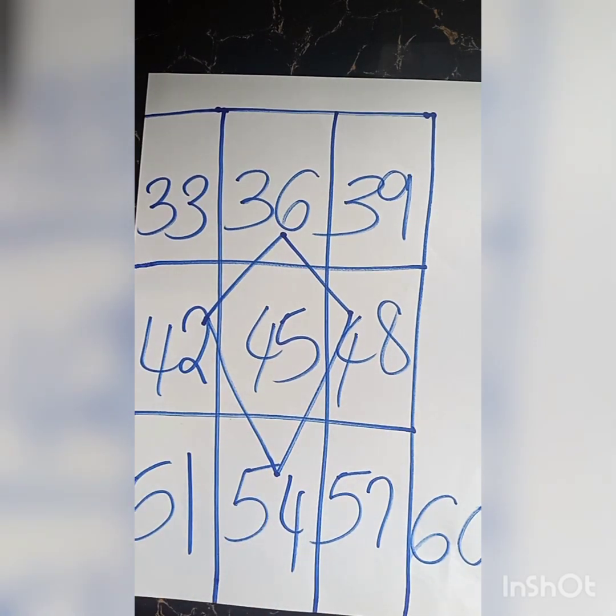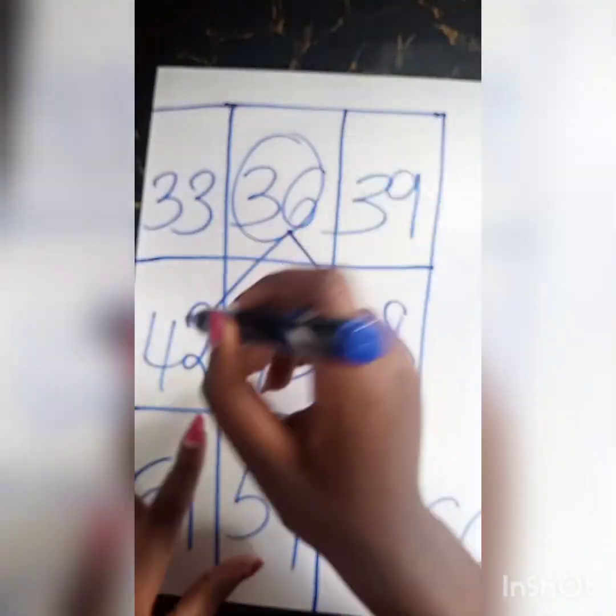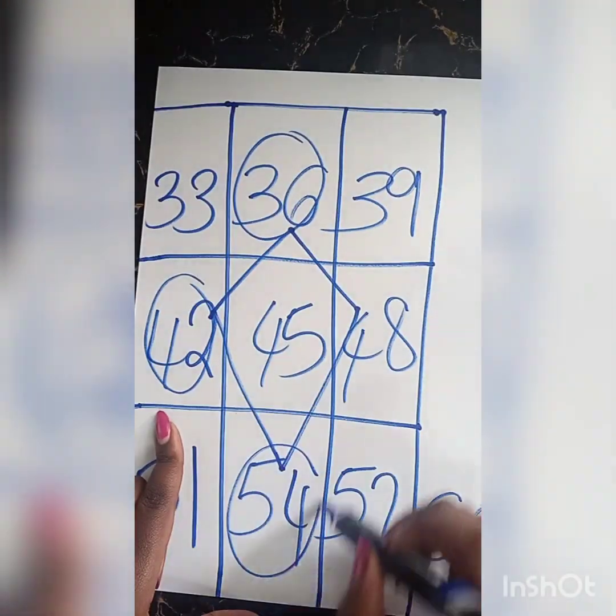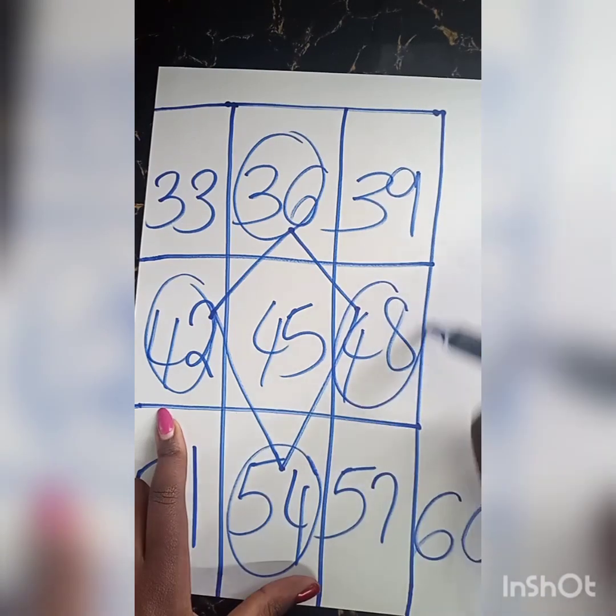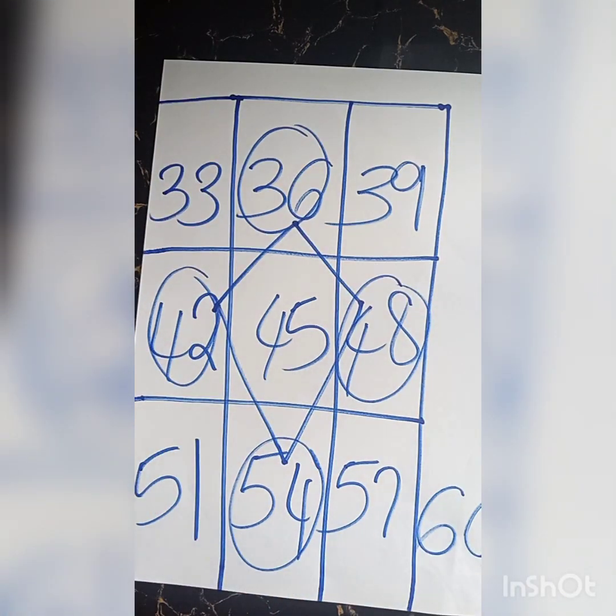And just like we did in the first table, we'll circle the numbers that have been touched by the edges of the diamond shape. So we'll circle this, and this. Are we together?